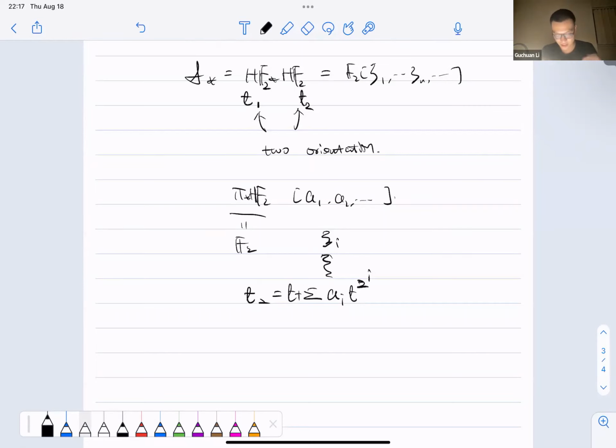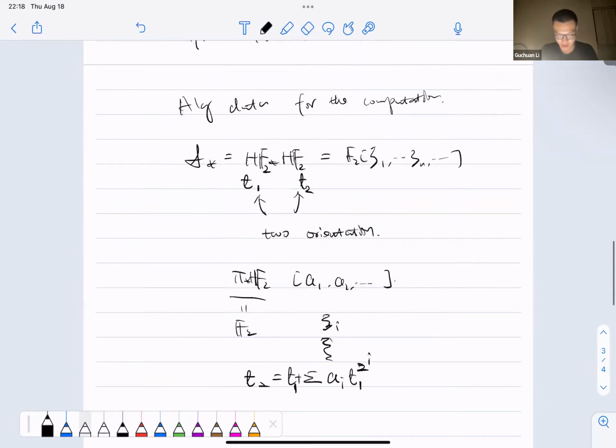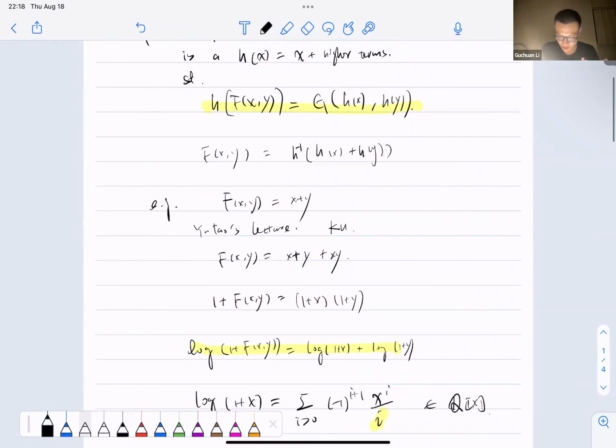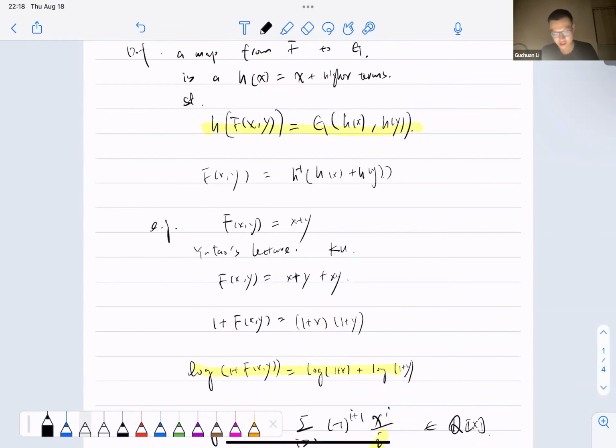Because what I'm doing is changing to new coordinates. When I change my coordinate, what I introduce is just a morphism between formal group laws, like the above. So I change my coordinates by h, and I get a new additive formal group law.